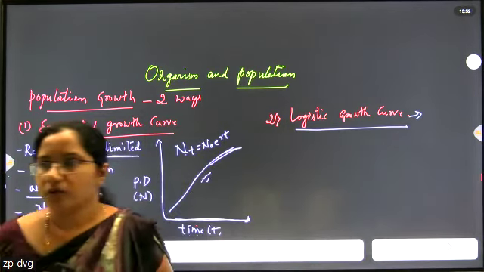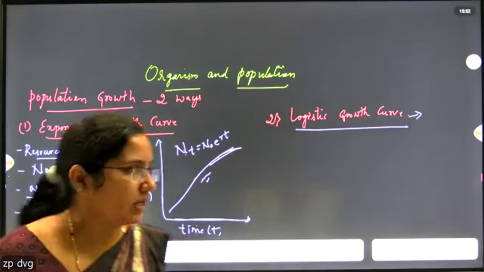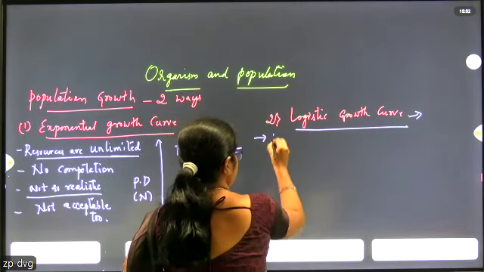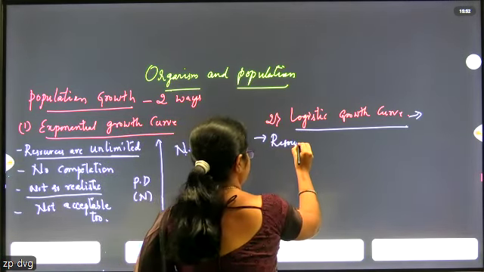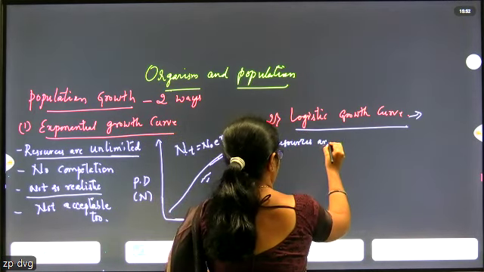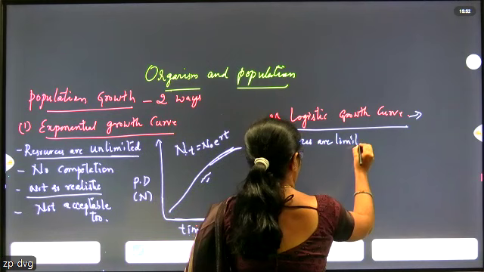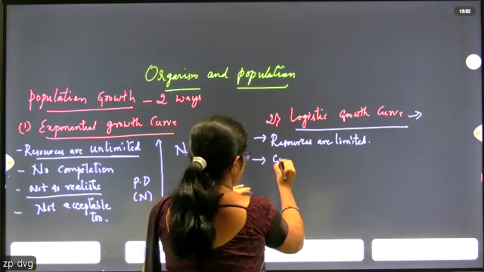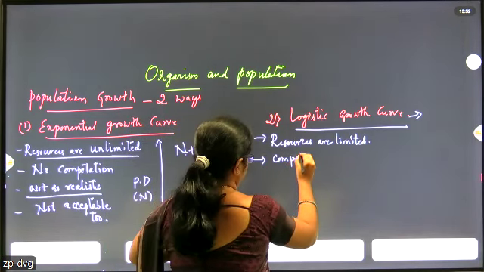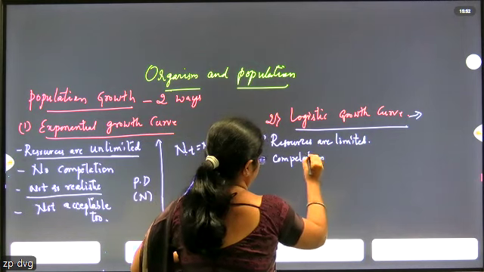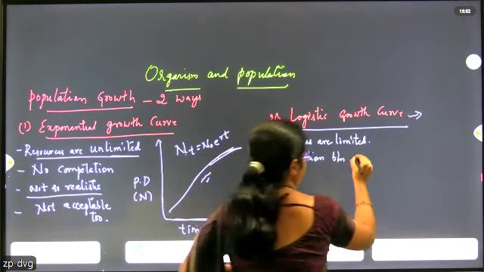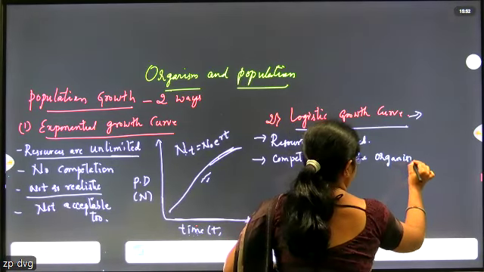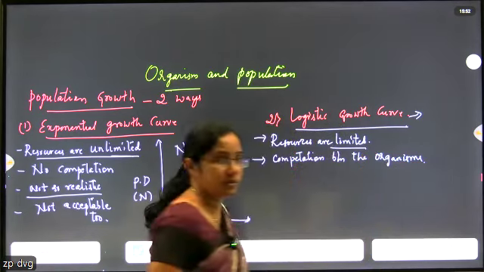Next, they went with the logistic growth curve. Pierre Verhulst was the scientist who explained this logistic growth curve. According to this, the resources are always limited. If the resources are limited, there is competition between the organisms to get these limited resources.